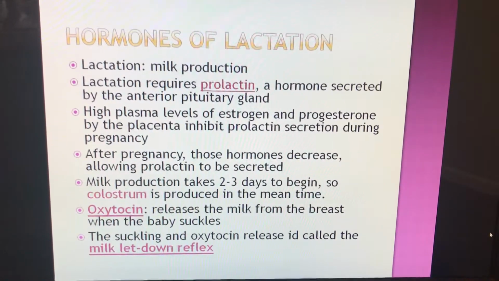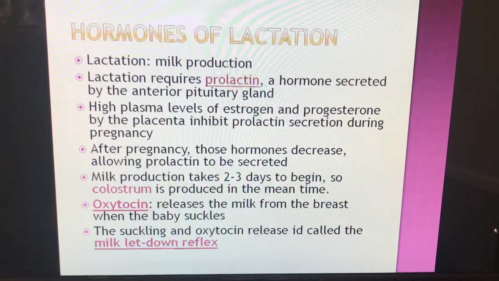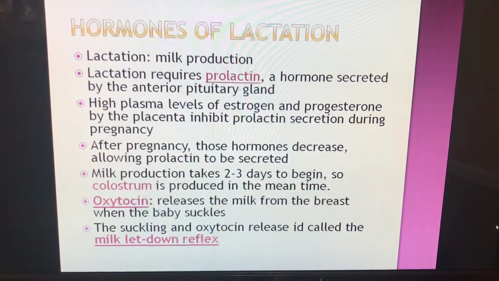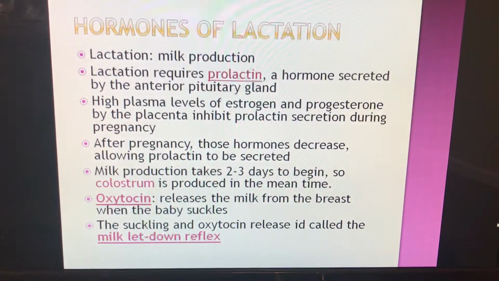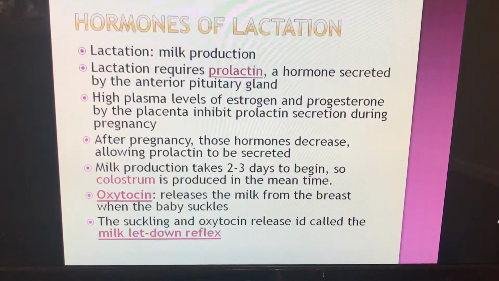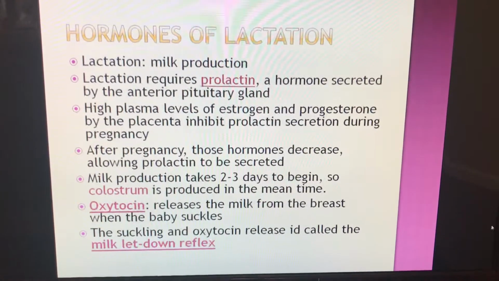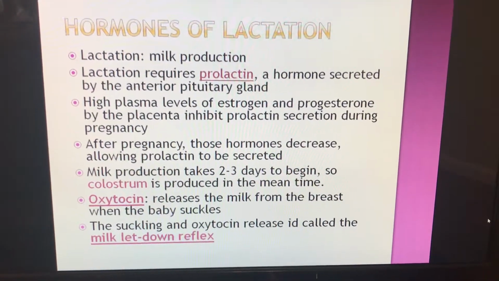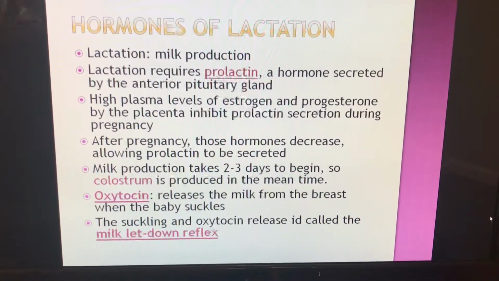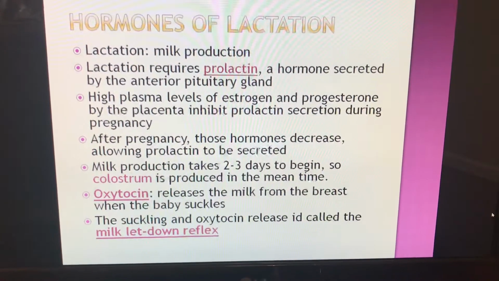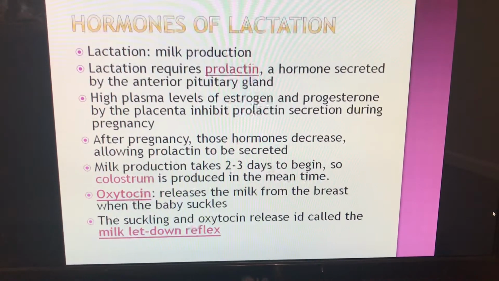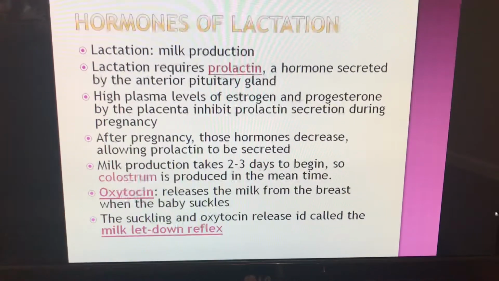So, hormones of lactation. Lactation is your milk production, and lactation requires prolactin, which is a hormone secreted by the anterior pituitary gland. High plasma levels of estrogen and progesterone by the placenta inhibit prolactin secretion during pregnancy. After pregnancy, those hormones decrease, allowing prolactin to be secreted.